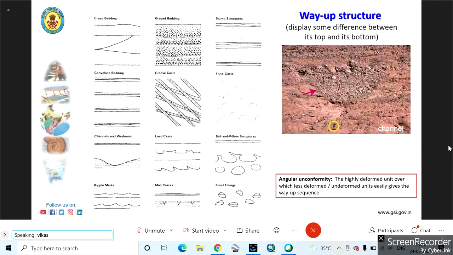Now, when we do mapping in a sedimentary terrain, most of India has almost been mapped out, at least first generation mapping has been done, and the overall idea, or say the rock contacts, have been very nicely taken up by the GSI stalwarts already.